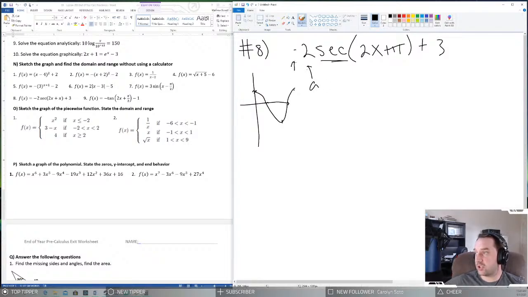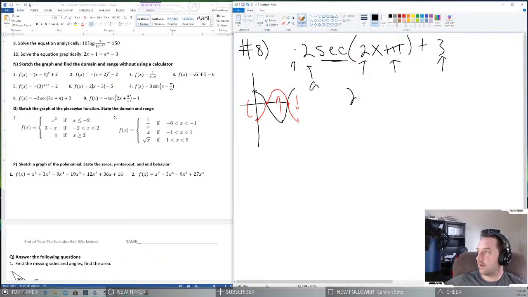I have a reflection. So that means that the red part is what it'll look like, because that flips down, that flips up, that flips down. So I should draw it with the shape of the red. I have a vertical shift, I have a horizontal shift, and I have a period change.